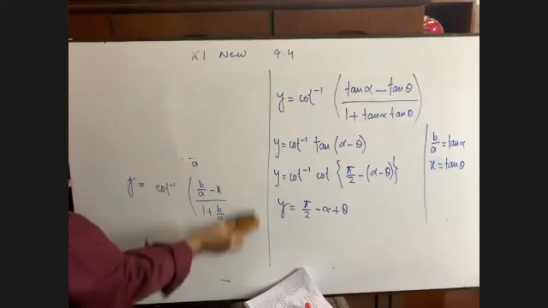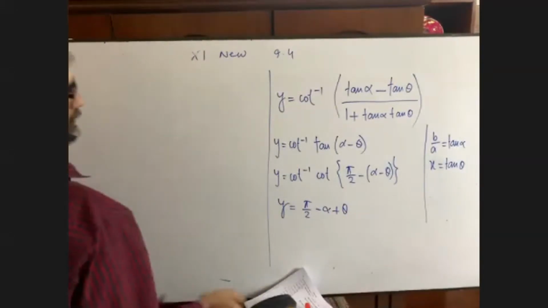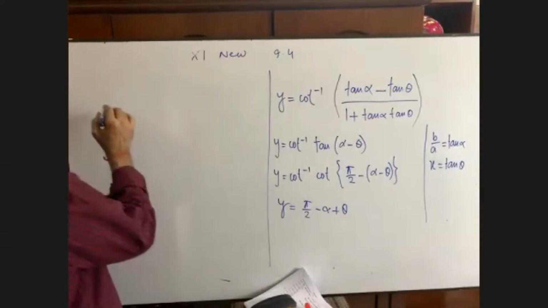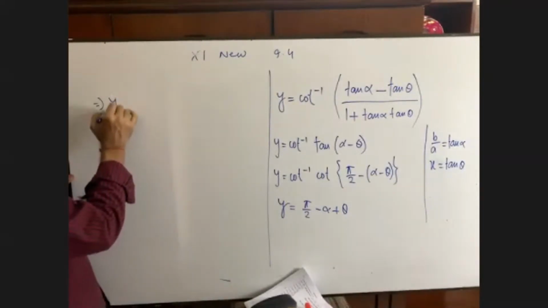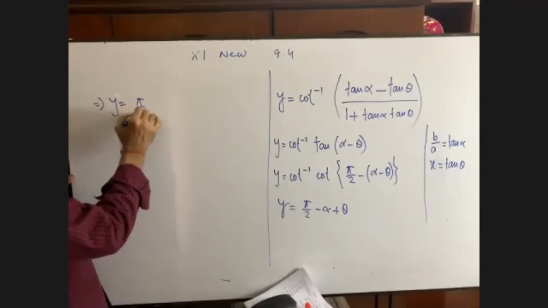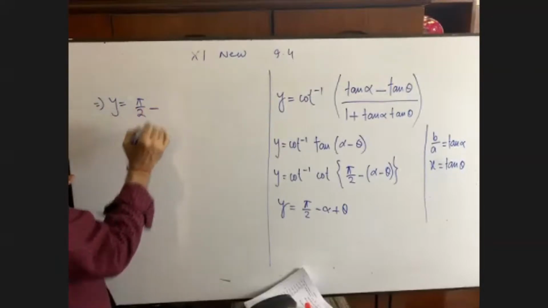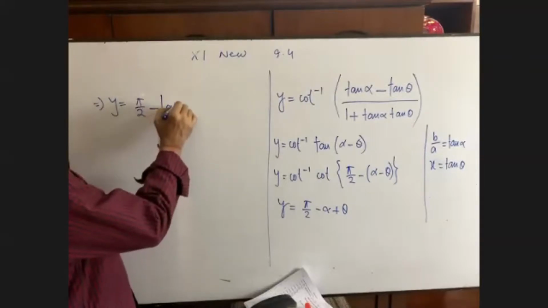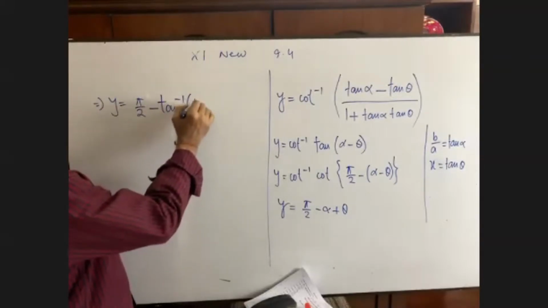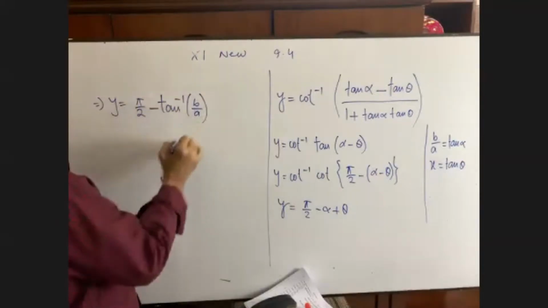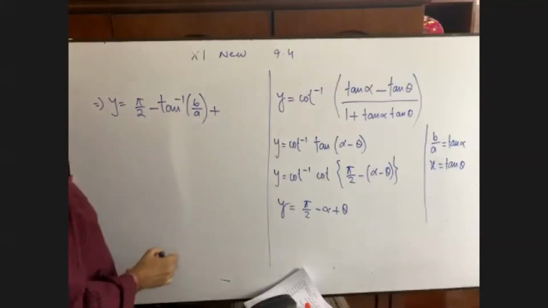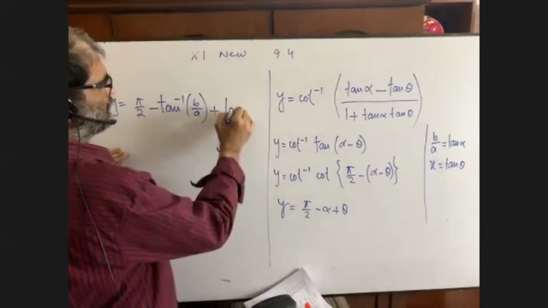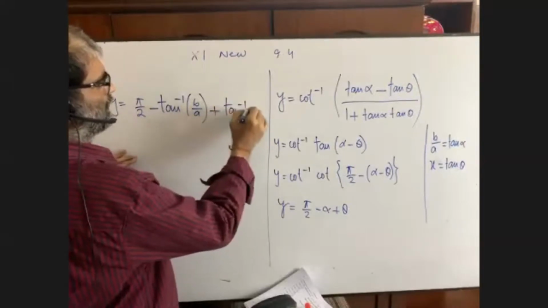Now we can write here y equals pi by 2 minus alpha plus theta. What is alpha? Alpha is tan inverse b by a. And what is theta? Theta equals tan inverse x, right?